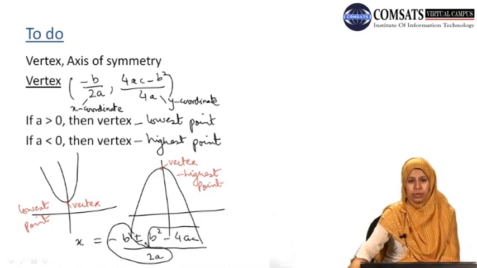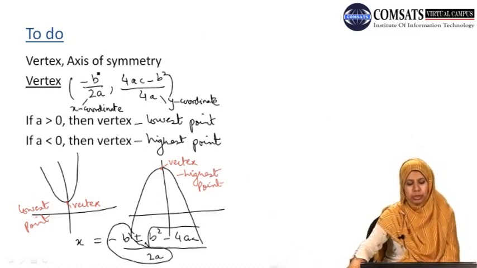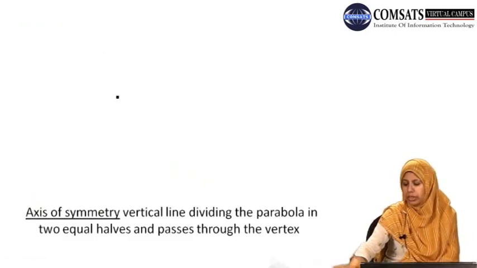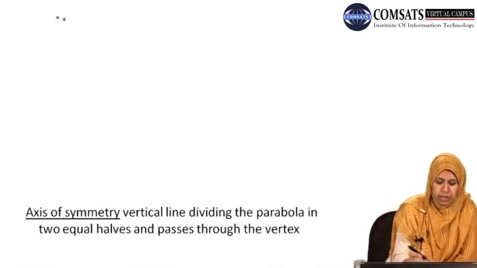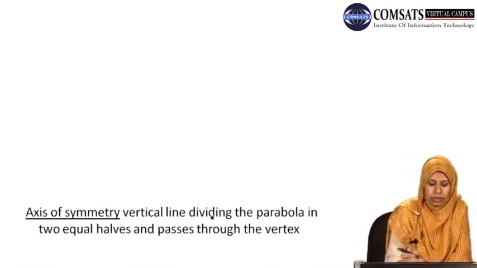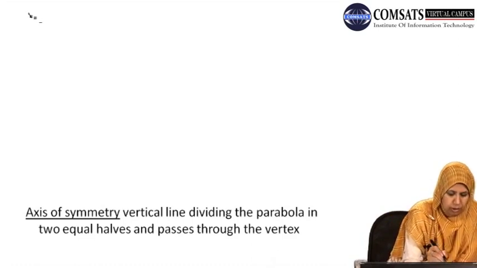So we know that our x coordinate is minus b over 2a. I will not go into the detail of how we obtain the x coordinate, but knowing that we have our x coordinate, which is minus b over 2a, we can find our y coordinate. How?